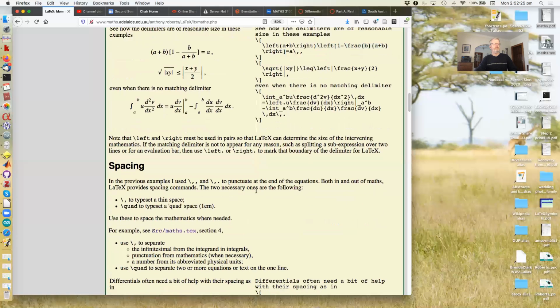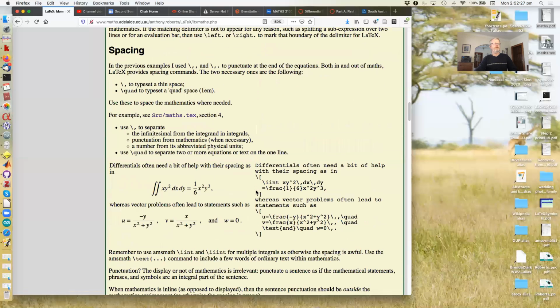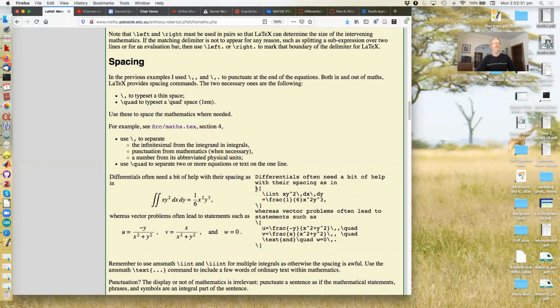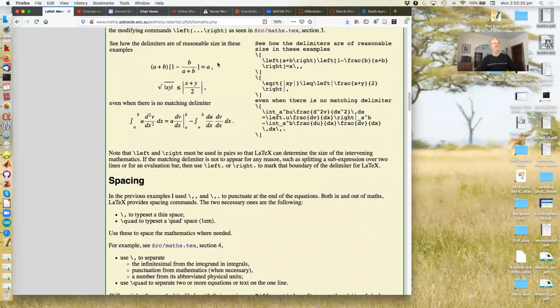That brings us to spacing. There are a lot of subtleties in spacing, so let's introduce it. You see in these examples on delimiters, I separated the punctuation from the mathematical expression a little bit here, and I did here as well.